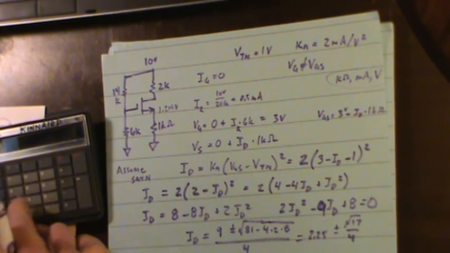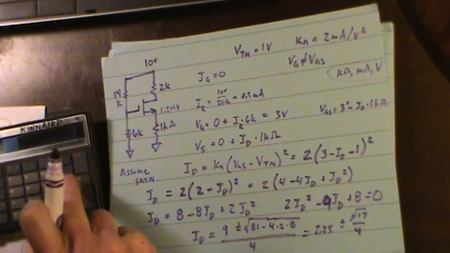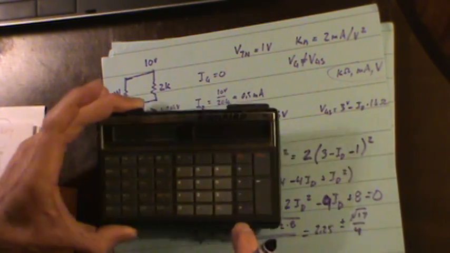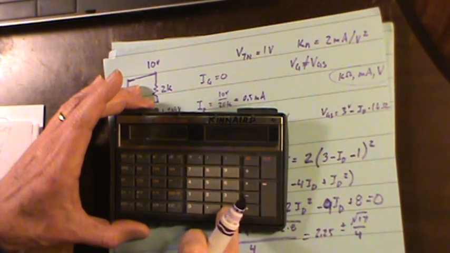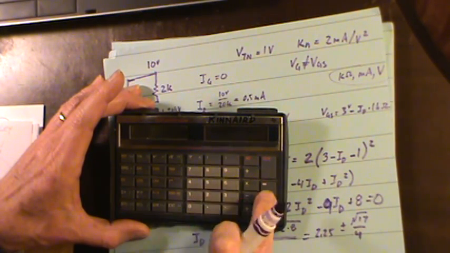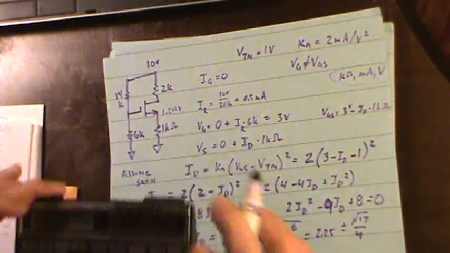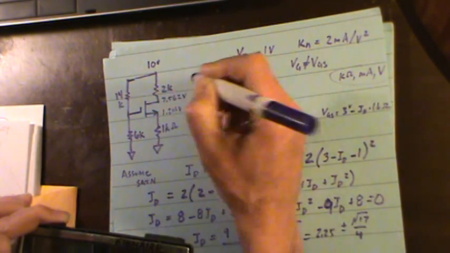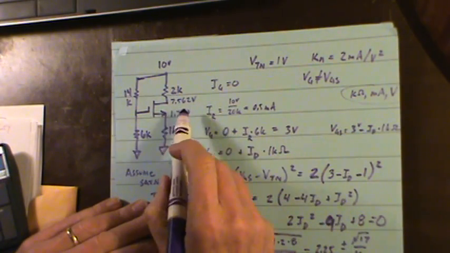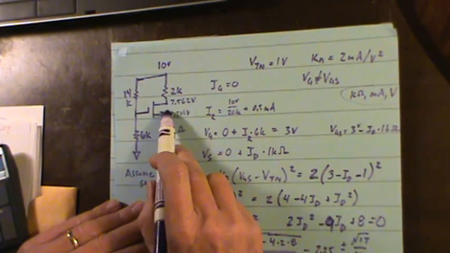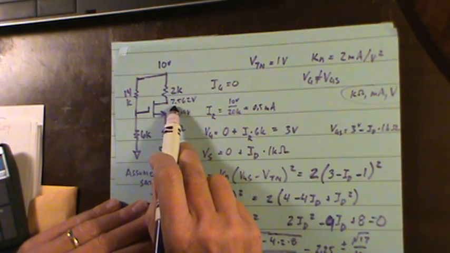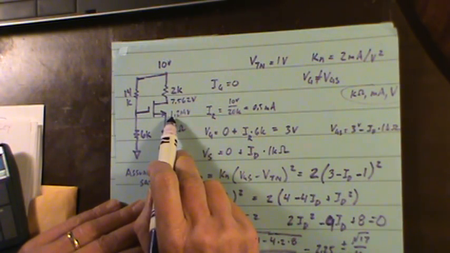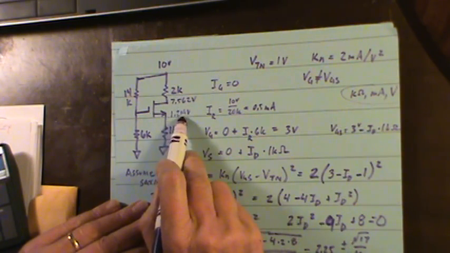So 1.219 times 2 equals 2.438, change sign, plus 10 equals 7.562. And I'm using ink, so I hope this is right. I know it is. So that says on the north side of that, north side being the drain, I've got 7.562. On the south side, S for source, 1.219 volts.